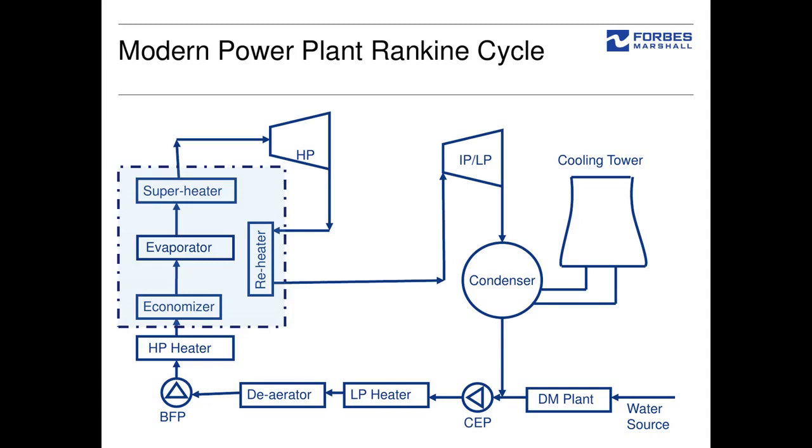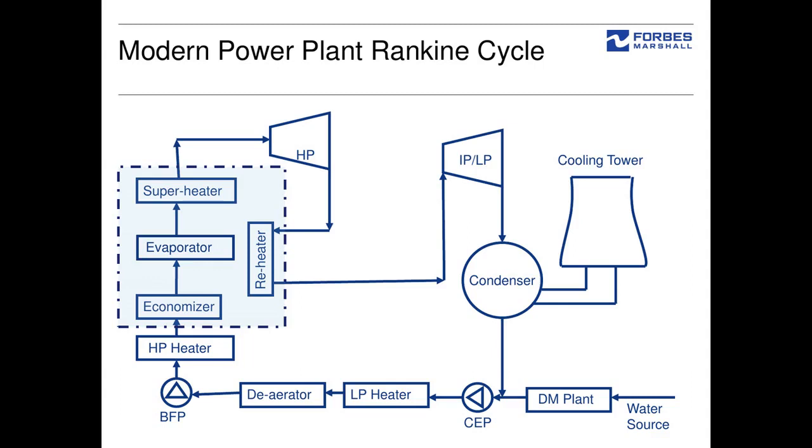You can see condenser. Condenser is generally maintained under vacuum, where steam outlet from a LP turbine casing is condensed back and fed back using condensate extraction pump.